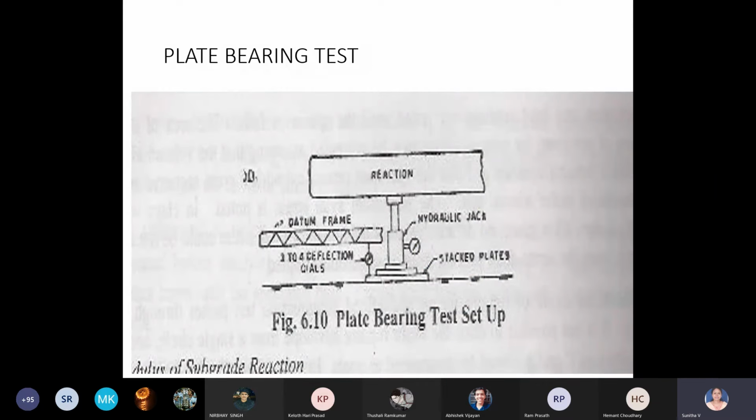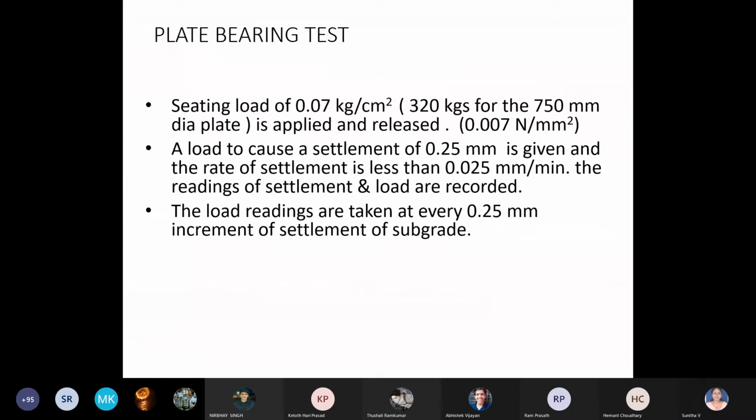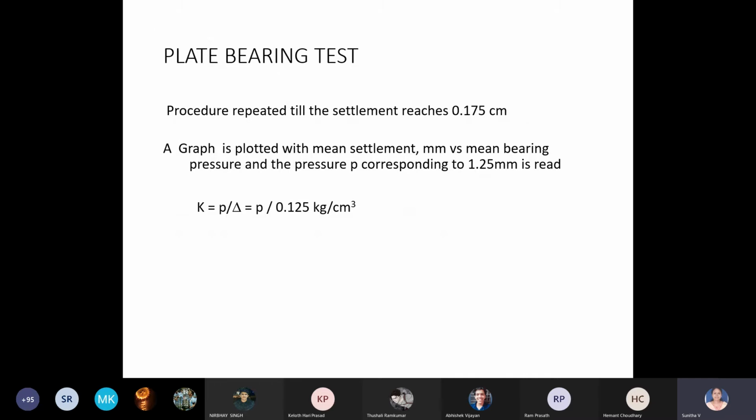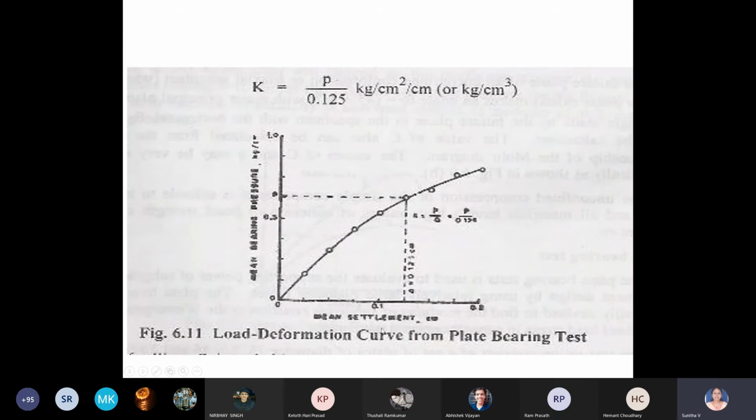This is a pictorial view: you have to give the load or reaction, and then find the penetration, the reaction deflection, in this plate bearing test. Seating load and everything I am not going into in detail. A graph is plotted with the settlement and the load, or the pressure.